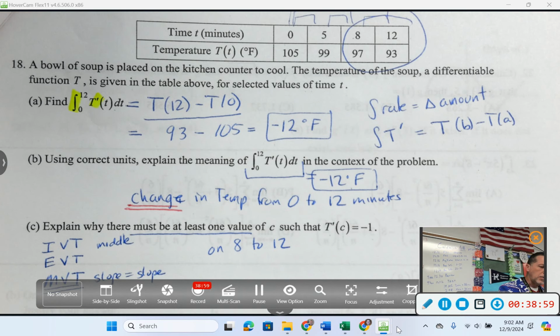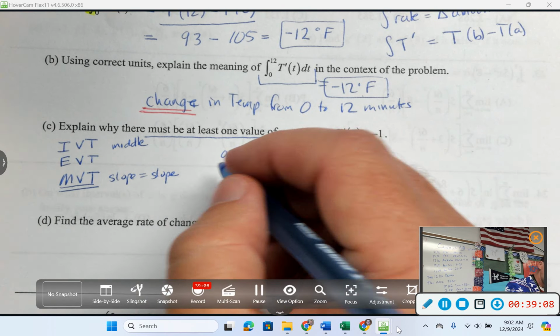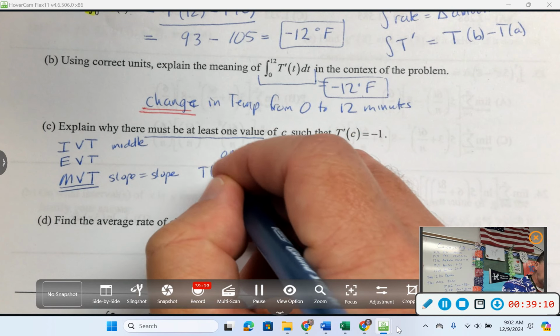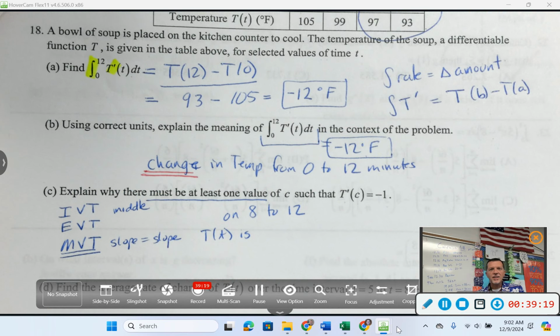Okay, let's see. MVT. Let's back up, because we have to say two things are true in order to use MVT. Do you remember what the two things are? Continuous and differentiable. And it told us it's differentiable.